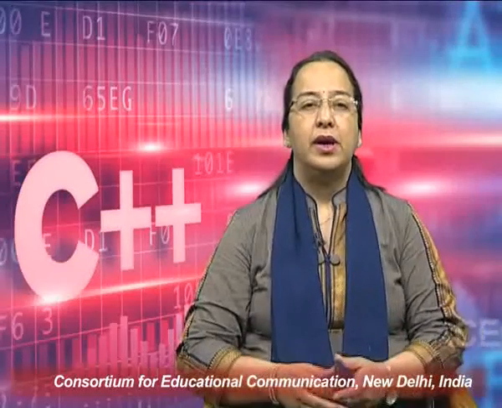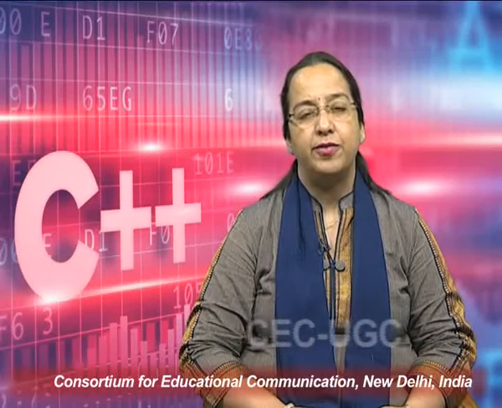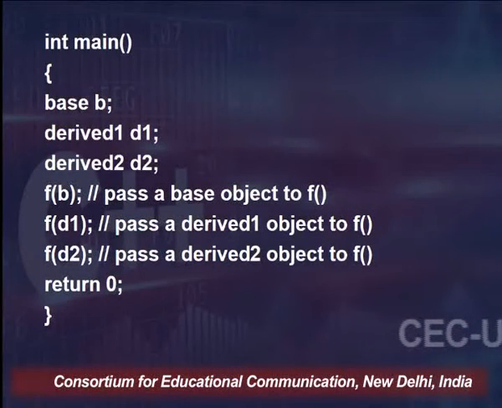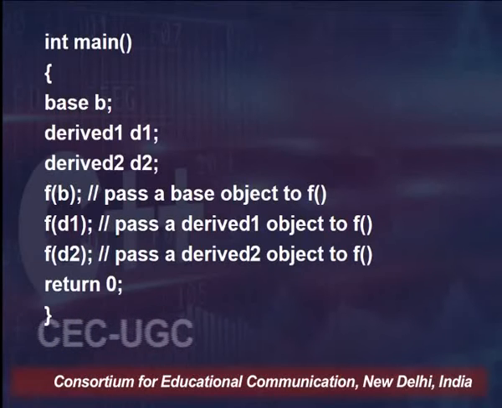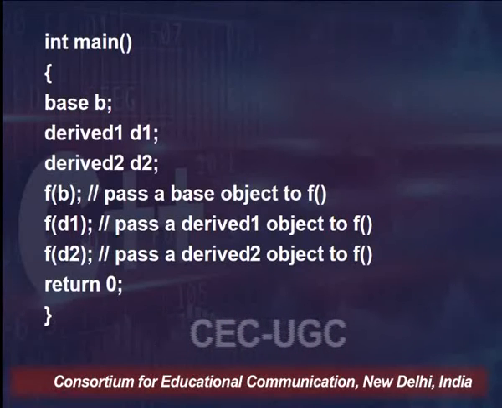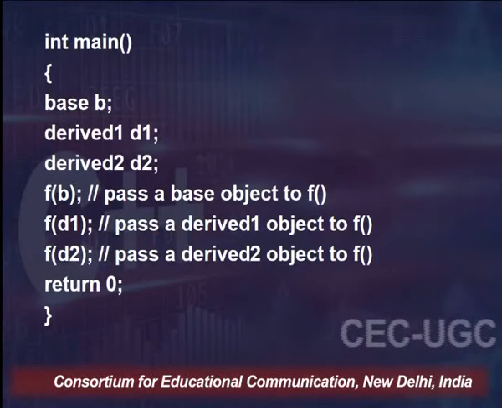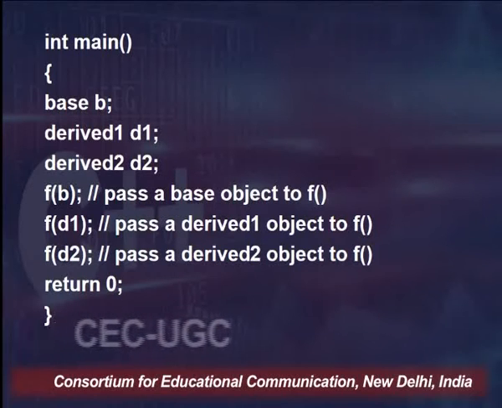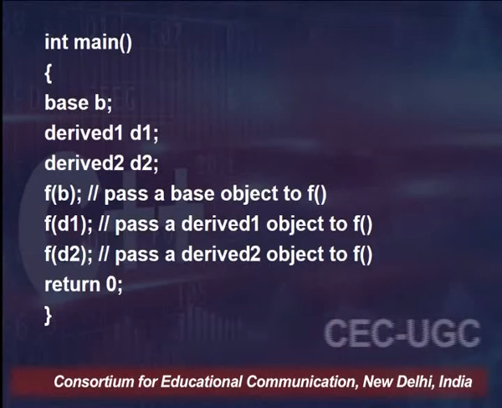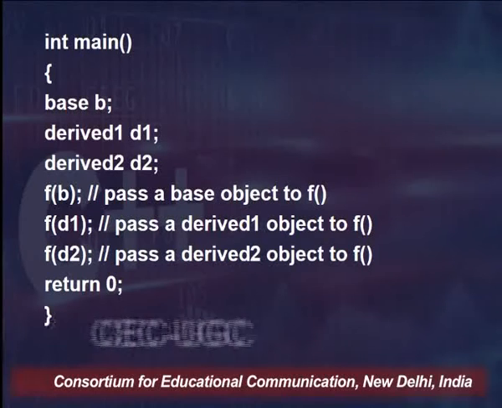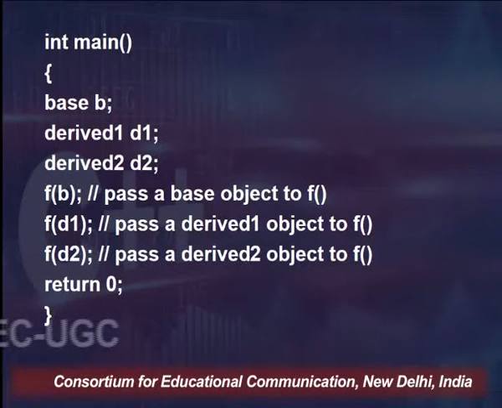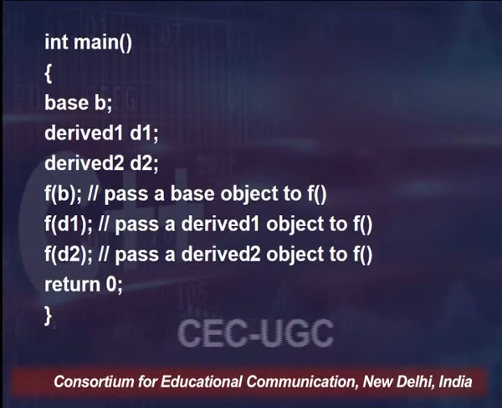Now, within main we have three objects: one object for the class base, another object for the class derived 1, and a third one for the class derived 2. So Base B, Derived1 D1 and Derived2 D2, three objects are here, and now we pass these objects to f.